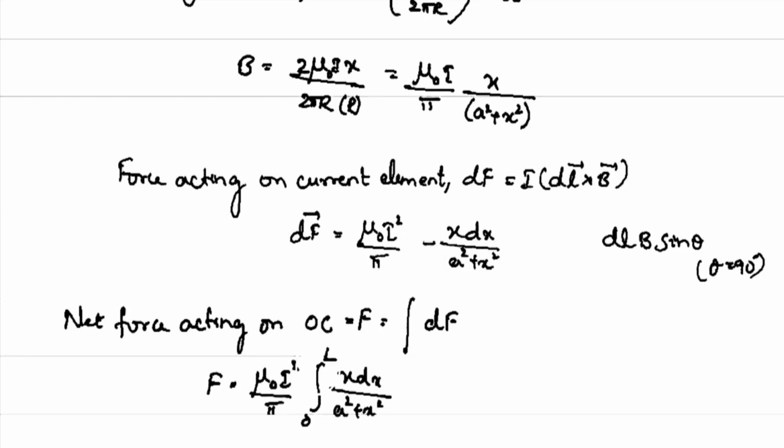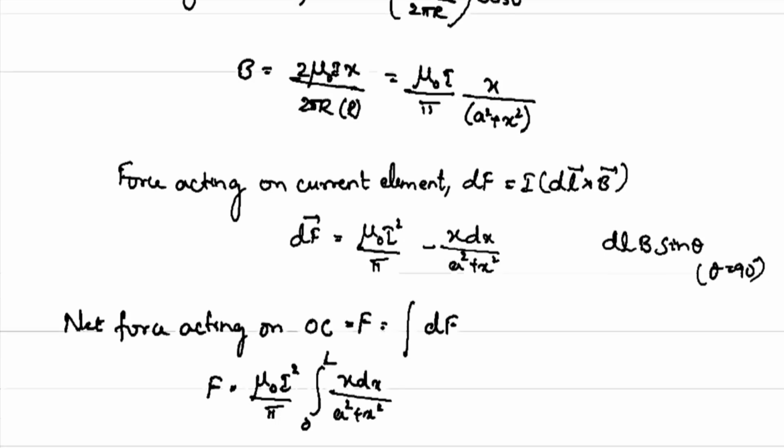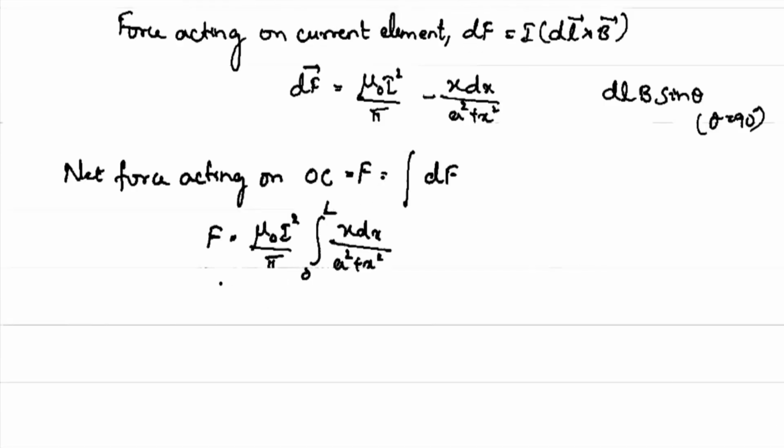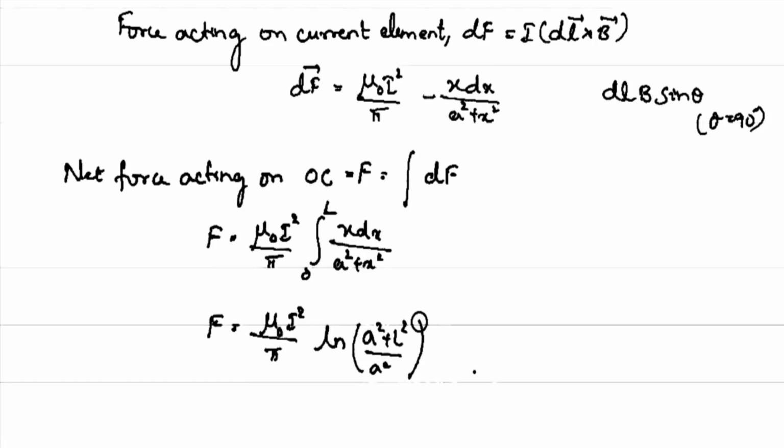When you simplify it, F will be equal to mu naught I square by pi into ln of a square plus L square divided by a square, and this force will be acting along the z direction.